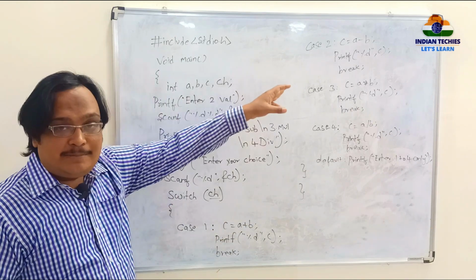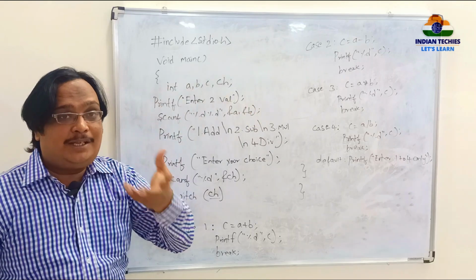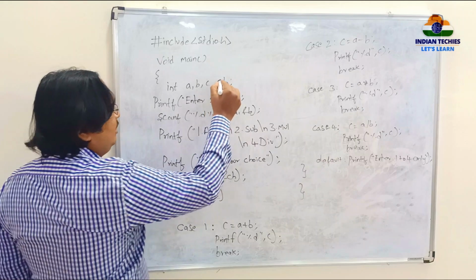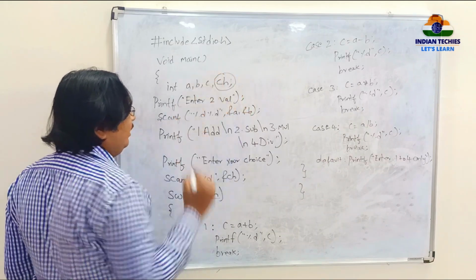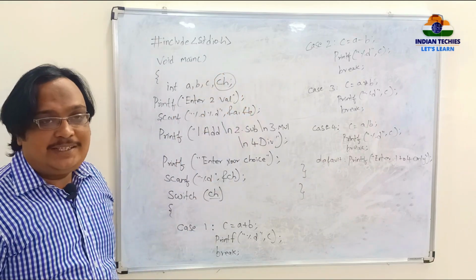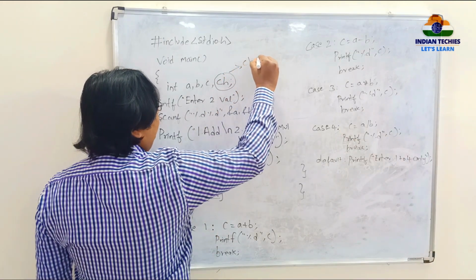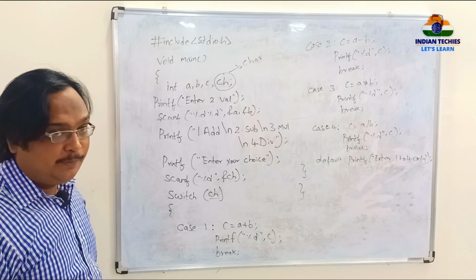Whenever I enter the minus symbol, subtraction should be done, based upon the operator. Then what I have to do is, this ch, the input I am giving as a symbol. That's why this should be declared as a char. Some modifications in this program.